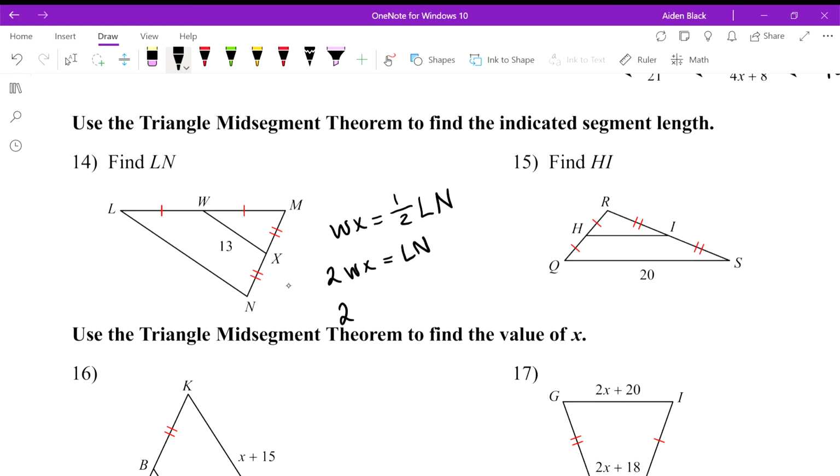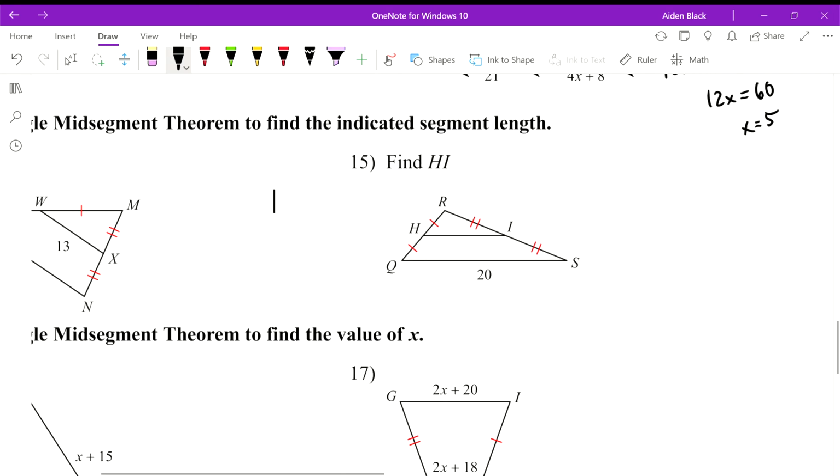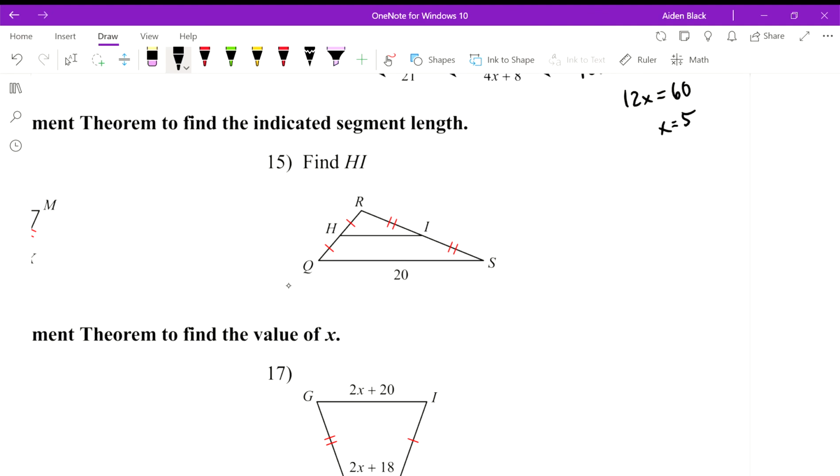And we know that WX is 13. We have the value for LN, which is 26. If you write that there, you should be able to see it. This is twice the quantity of 13. More simple way of thinking of it is, okay, this line is half the length of this line.